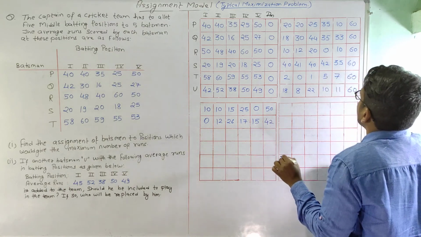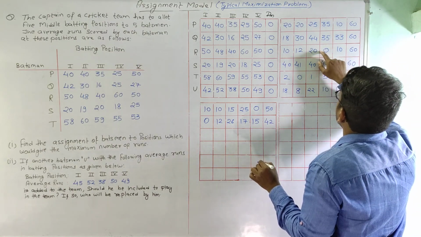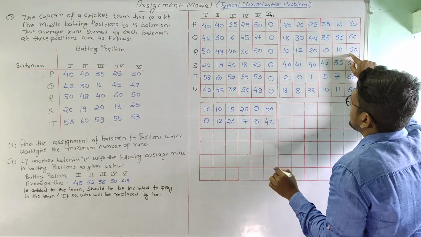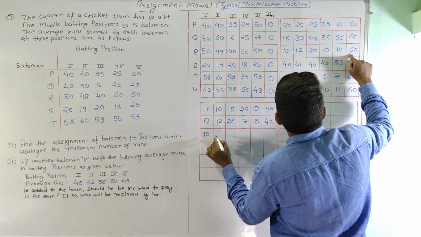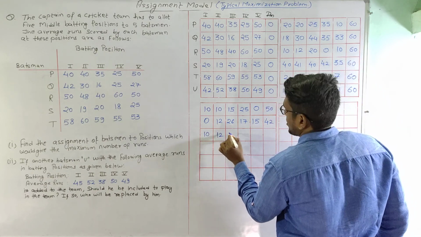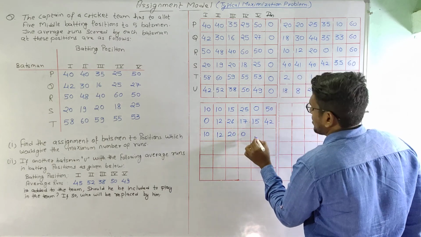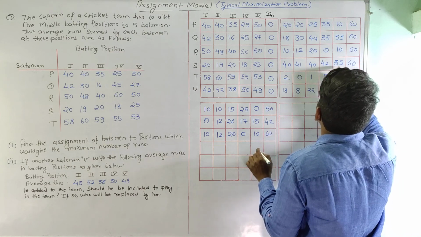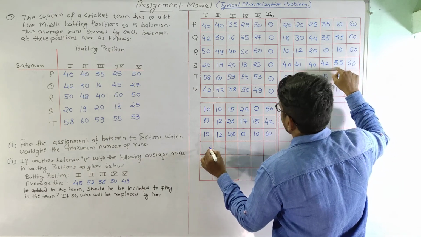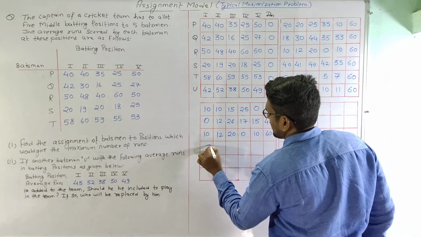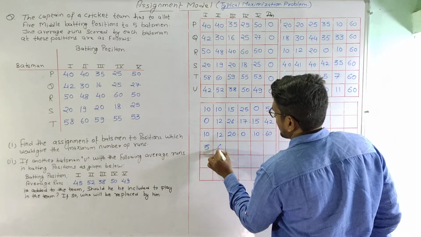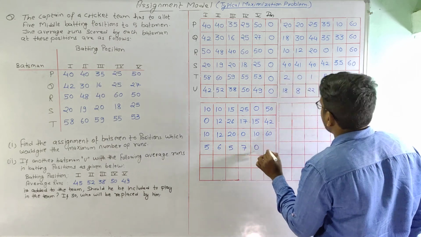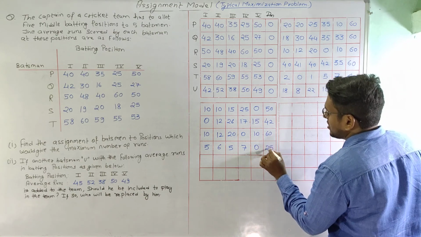Now moving on to row 3, we can see that a 0 is present, so the minimum value here is 0, and there will be no change in this row. So this is 10, 12, 20, 0, 10 and 60. Now moving on to the next row, the minimum value here is 35, so 40 minus 35 is 5, 41 minus 35 is 6, 40 minus 35 is 5, 42 minus 35 is 7, 35 minus 35 is 0, 60 minus 35 is 25.